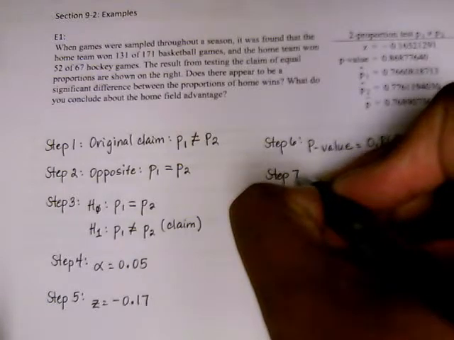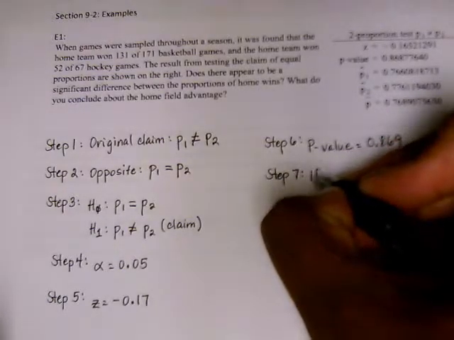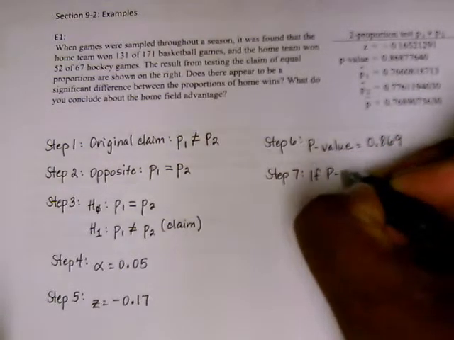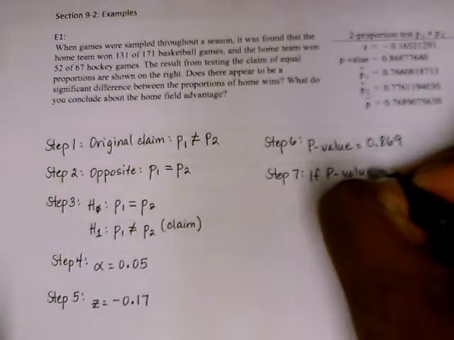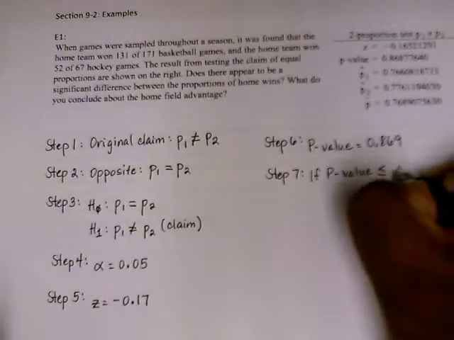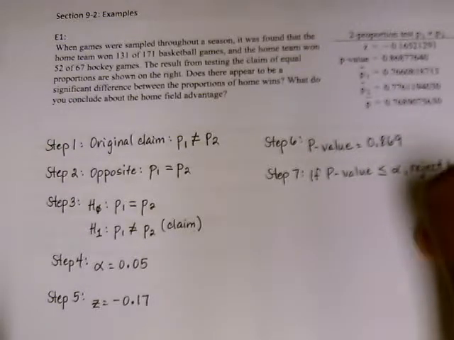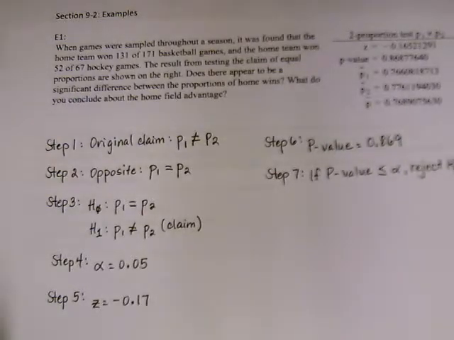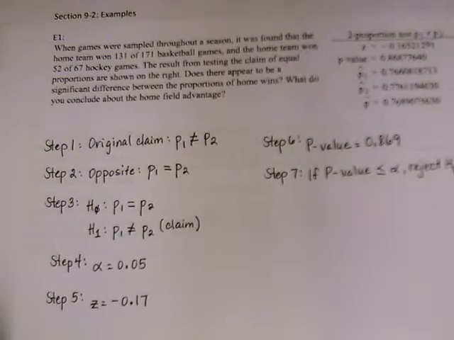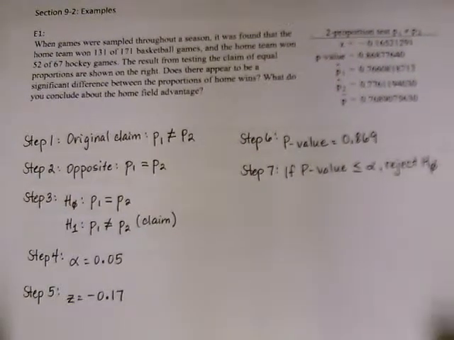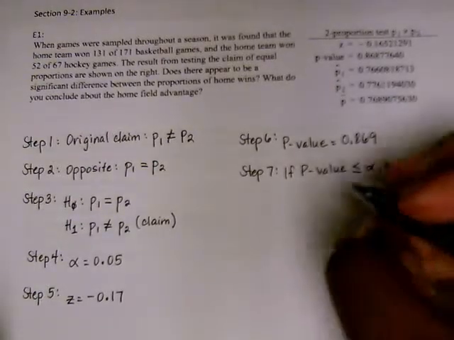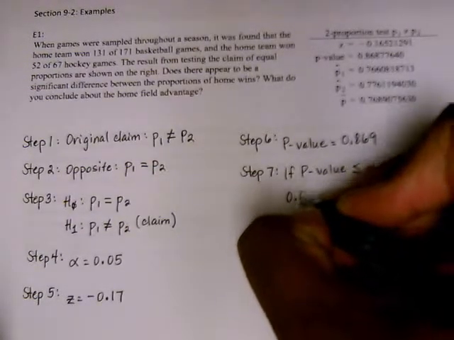Now step number 7 is the decision rule. Since we're using a p-value method, we use the decision rule that if your p-value is less than or equal to alpha, you reject the null hypothesis. Otherwise, fail to reject the null. Now looking at this, your p-value is 0.869 from step number 6.